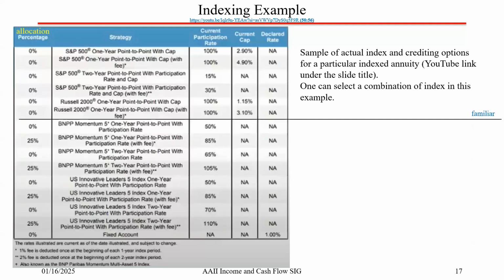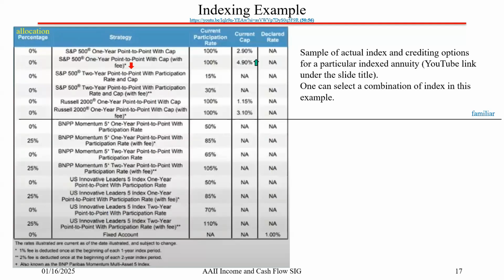So I did a sanity check. On top it's familiar. Okay, I need to explain this. You look at the first 2 rows, you can see that both are 100% participation, and the cap is different. When you have a cap of 2.9, the second row says you can pay a fee, which is the single asterisk down below, which is 1%.